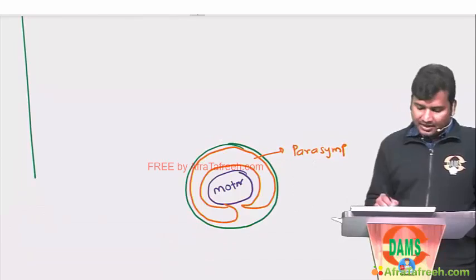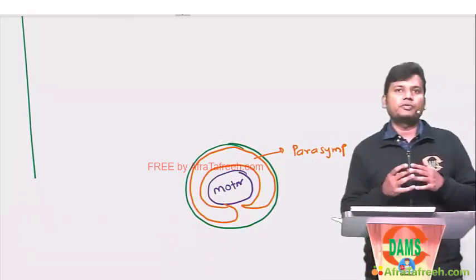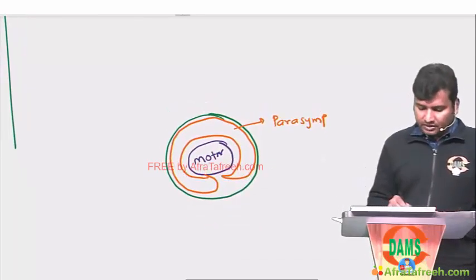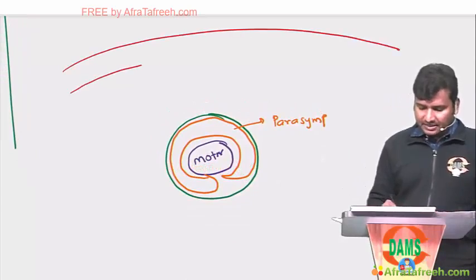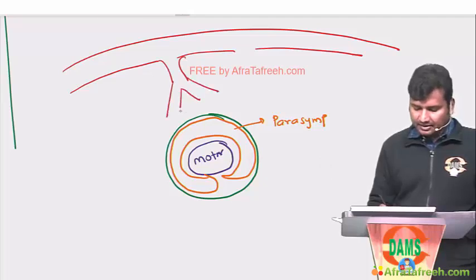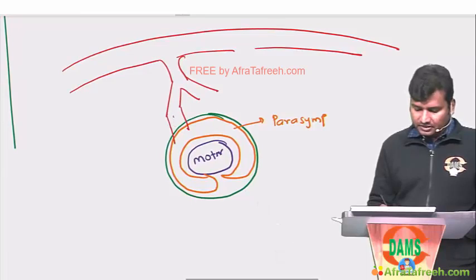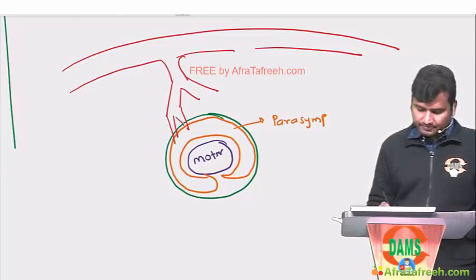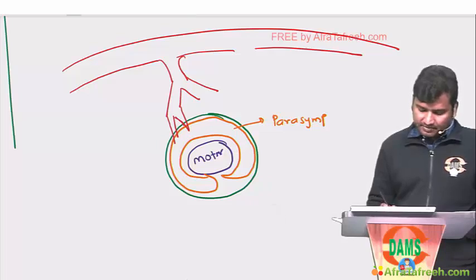Now, I will check the blood supply of the third nerve. Blood vessels travel from periphery to center, and as these blood vessels enter the third nerve, the diameter of blood vessels is decreasing.